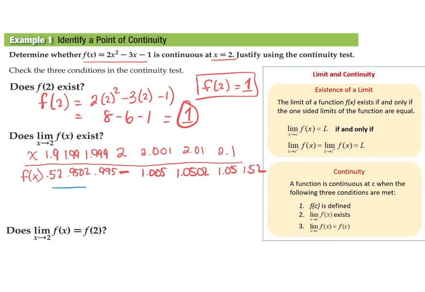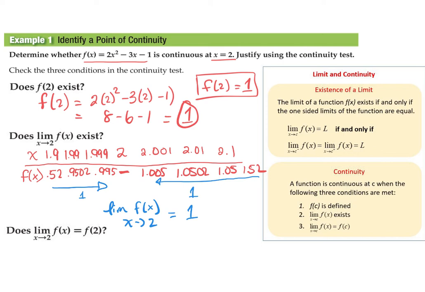So as we are going towards the right, we are getting closer and closer to the number 1. And as we're going to the left, we are getting closer and closer to the number 1. This means the limit of f of x as x approaches 2 exists and it is equal to 1.